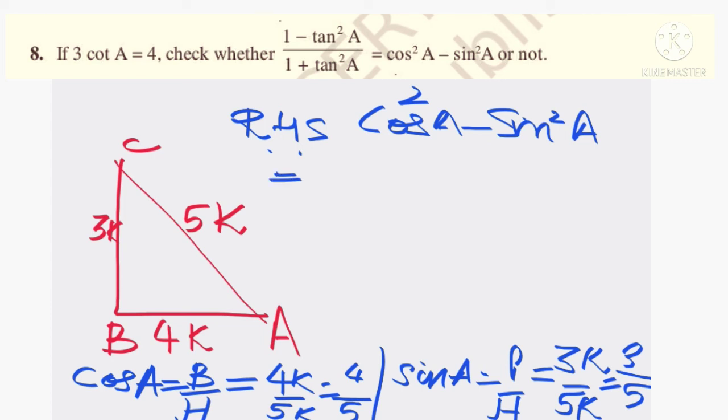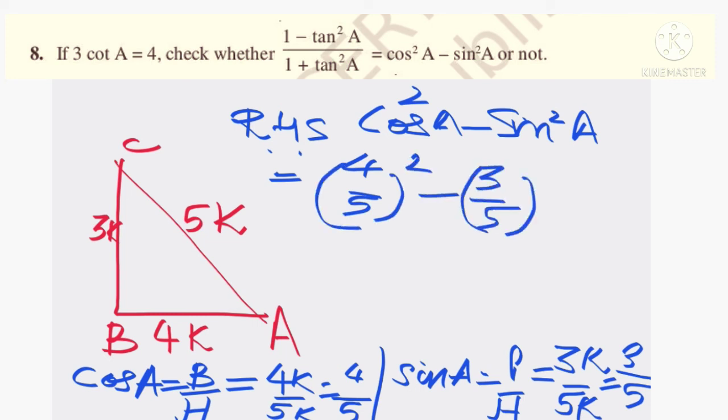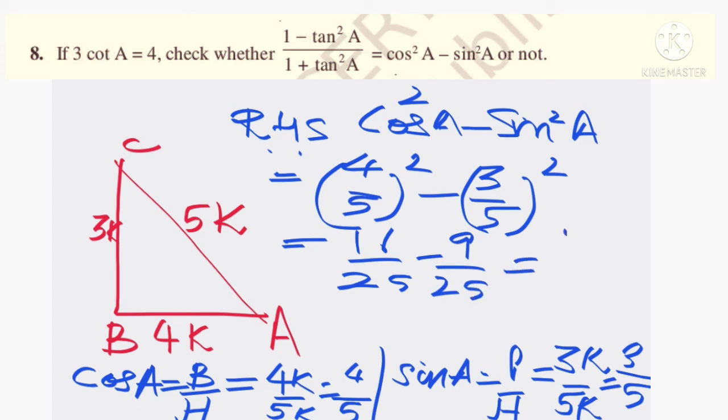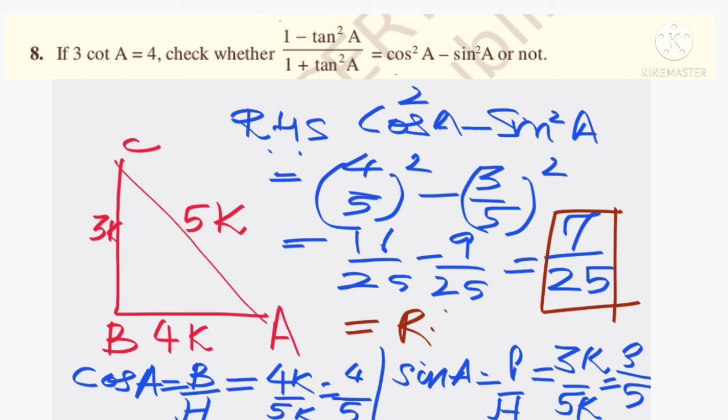Cos square A gives me (4 by 5) square, minus sin square A, which gives me (3 by 5) whole square. So I get 16 by 25 minus 9 by 25, which is equal to 7 by 25. So clearly, yes, it is equal to RHS. So you must write down the answer as yes. Yes must be written because you were asked whether they are equal or not.